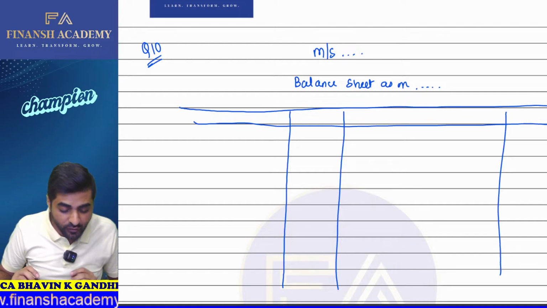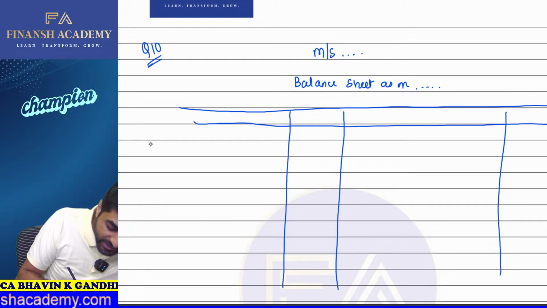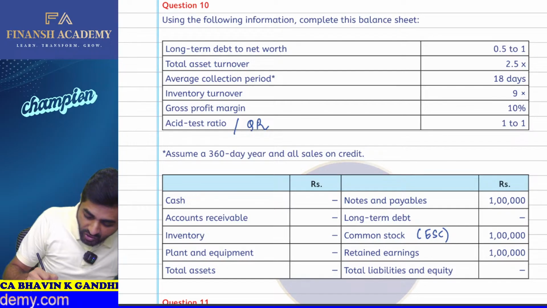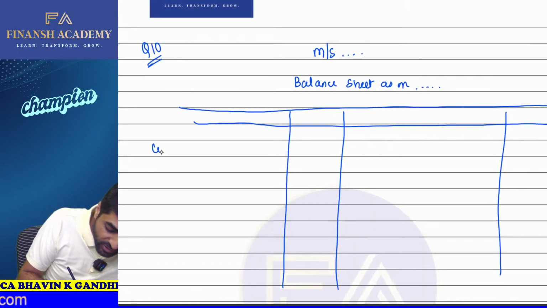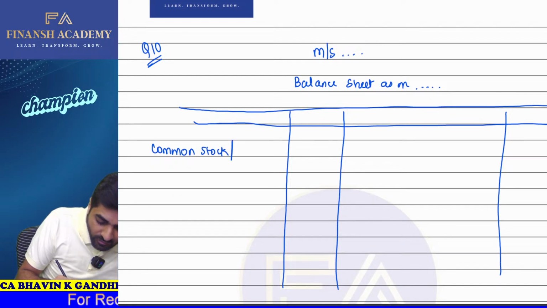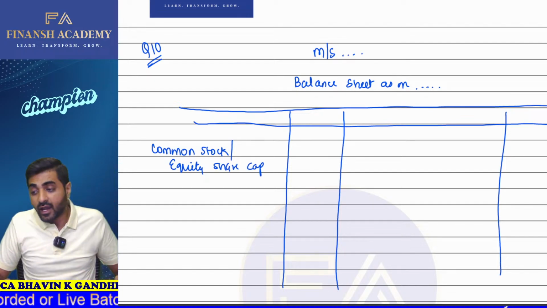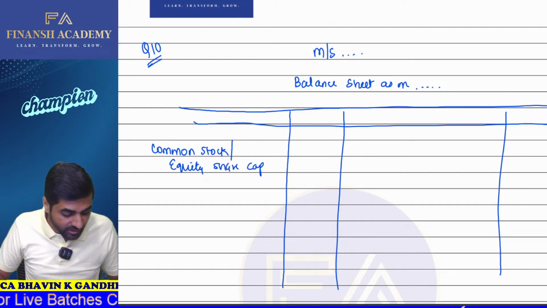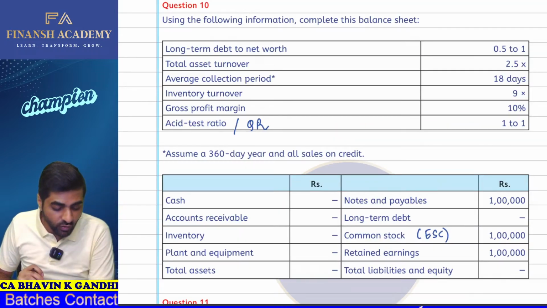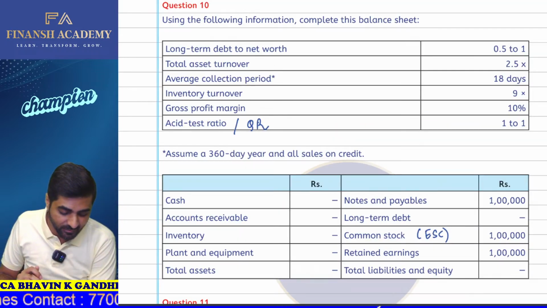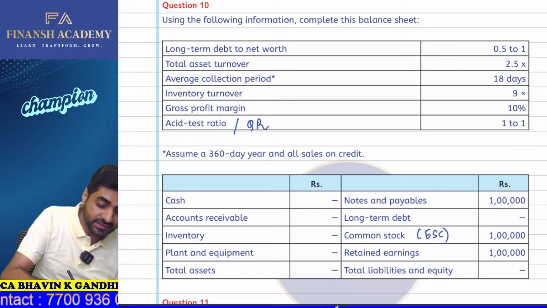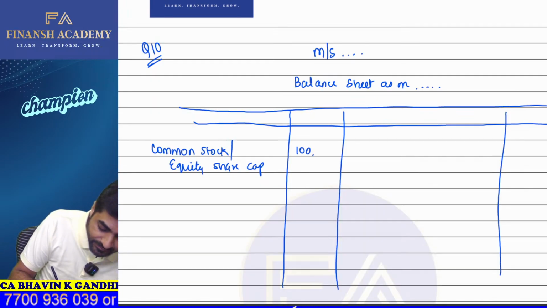we'll be having, first of all, on the liability side, something which is called your common stock. I'll use the same word, common stock. But as you all are aware, this common stock is also known as your equity share capital. Guys, do you have the amount of equity share capital? Come on, yes or no? Yes, sir. We do have it. Your equity share capital is nothing but 1 lakh rupees.